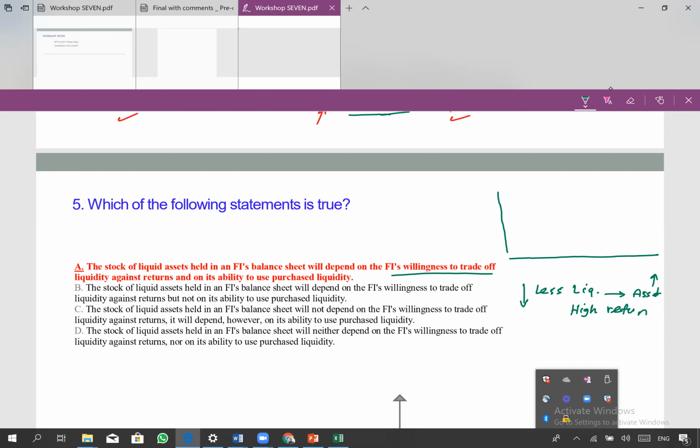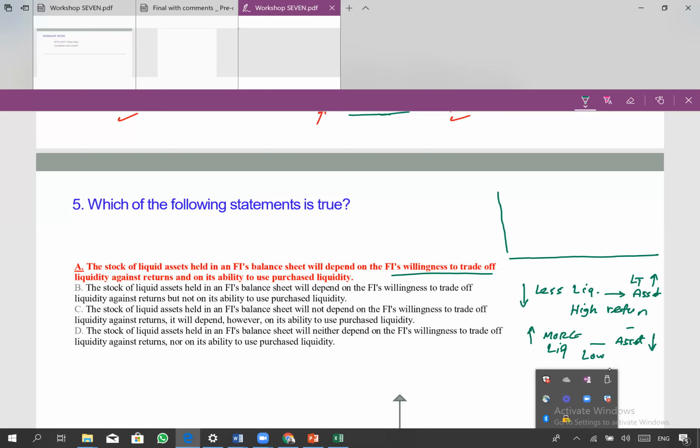Or you can have more liquidity, which is in cash and very short securities that give you less return, and actually less long-term assets. Here, long-term assets is high, and therefore you have liquidity risk, but you have higher return. Lower return, excuse me.